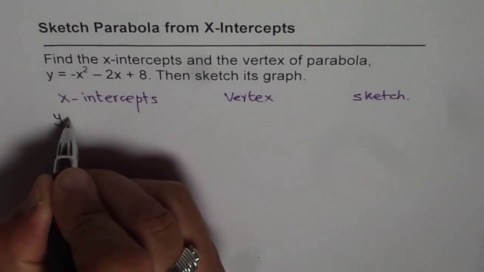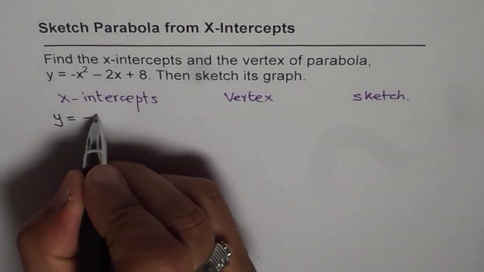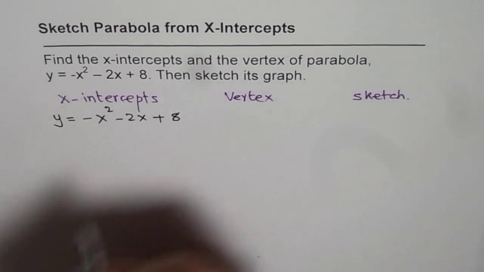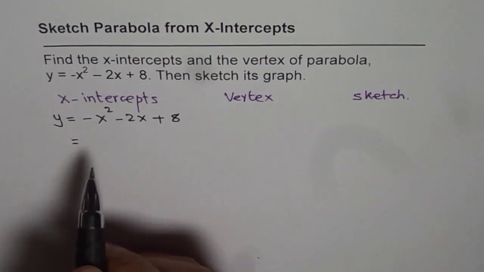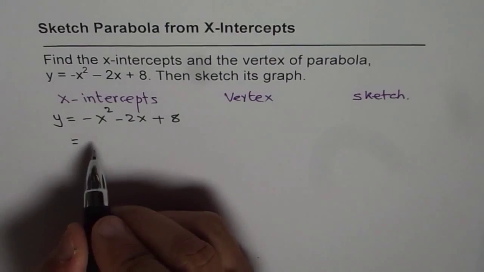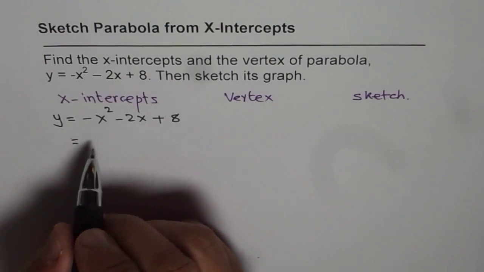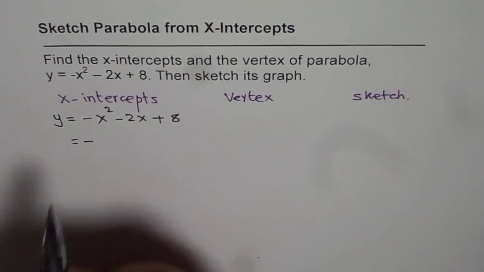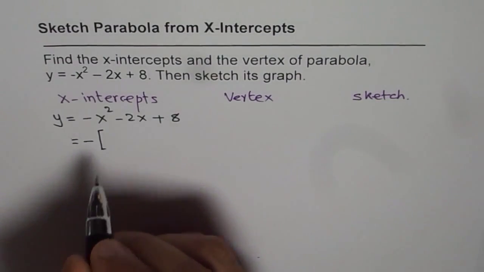We are given the equation y = -x² - 2x + 8. It's always a good idea to factor out a negative leading coefficient. It helps, though you could do without it. I always want to keep it positive, so I'm using square brackets.